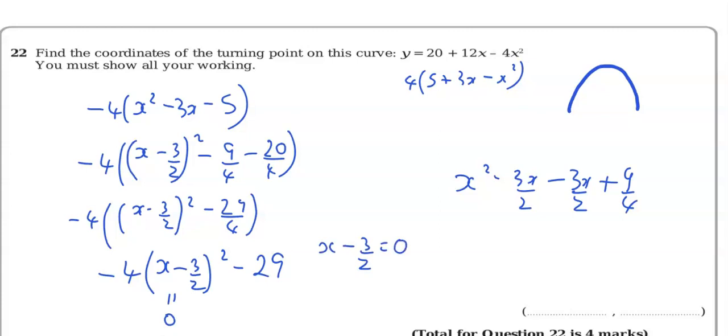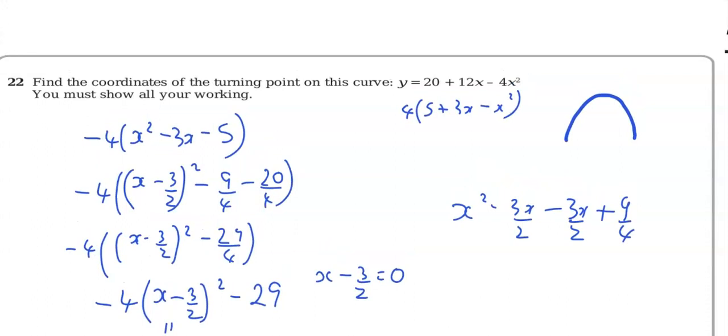And so my first coordinate is going to be 3 upon 2. And the other one will be this one here, because this expression is the same as y. Y equals all that lot there. And so that'll be minus 29. And those should be the turning points.